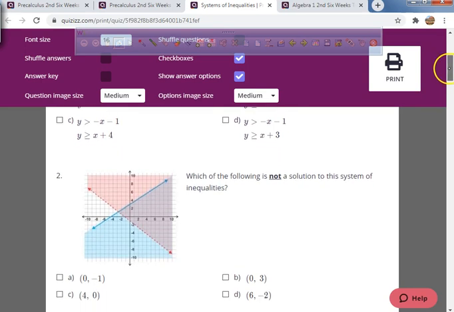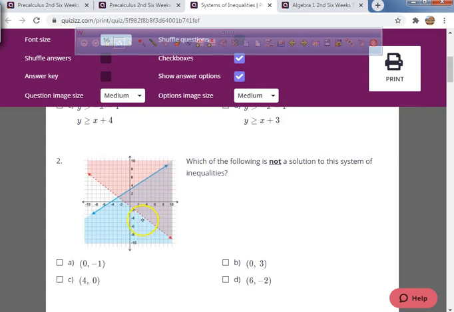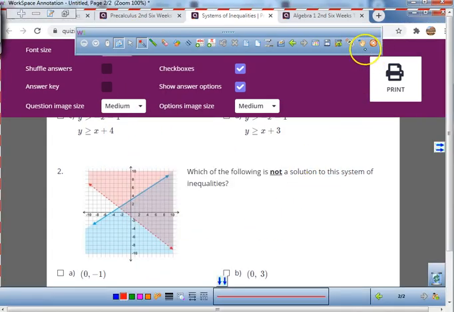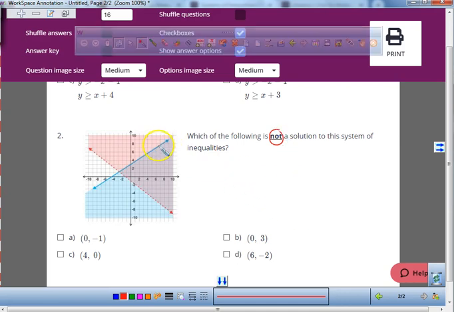Now go ahead and put your pens down, and I want you to focus on this problem. I know it's kind of hard to see, but we're going to take a look at it anyway. This one asks which one is not a solution. Let me explain what is a solution. Anything on this line right here would be a solution.